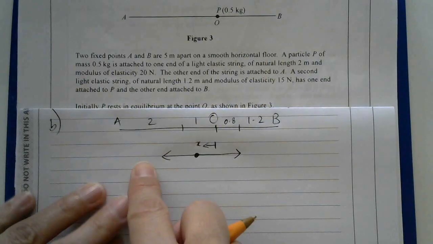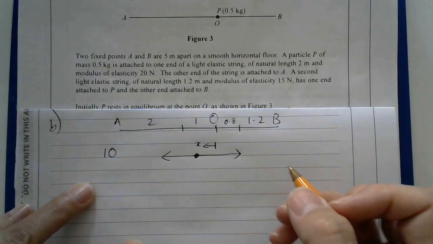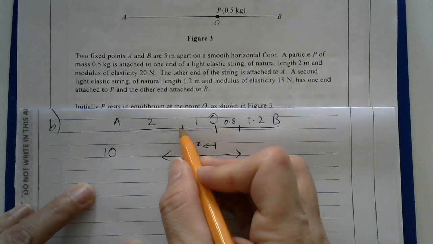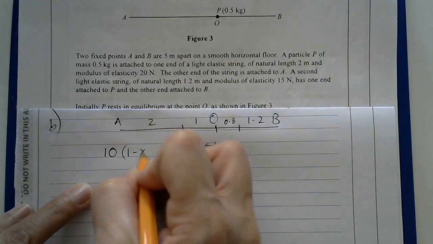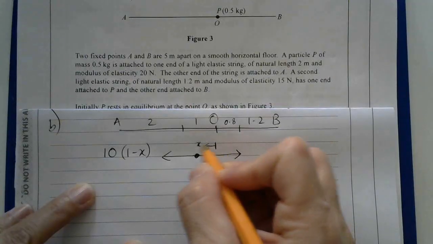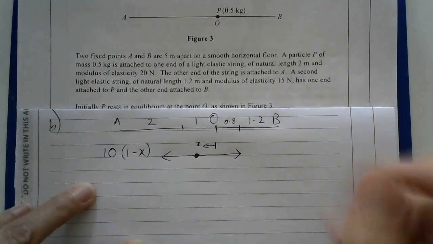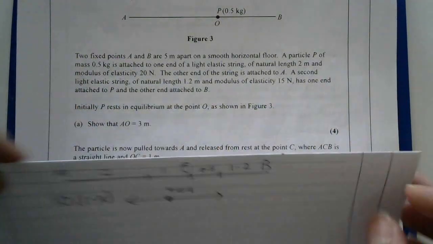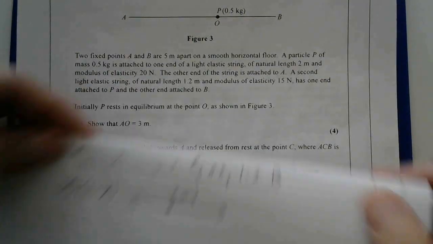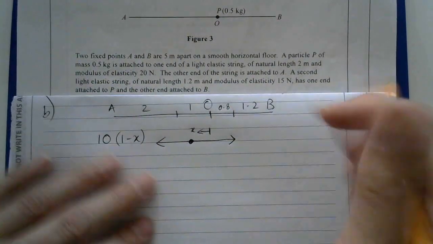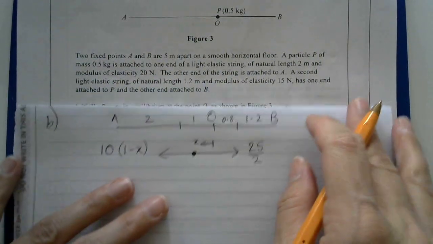For this part of the string, I have 10 times the extension, and the extension is going to be 1 minus x, where x is the amount it is displaced from the equilibrium position towards A. For this part of the string, I had 25 over 2, which was the modulus divided by the natural length, multiplied by the extension.